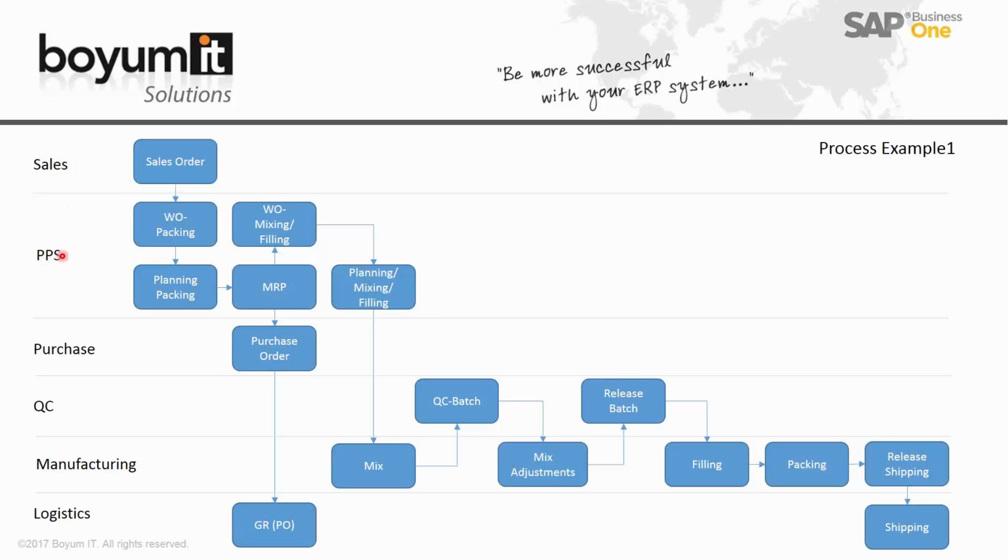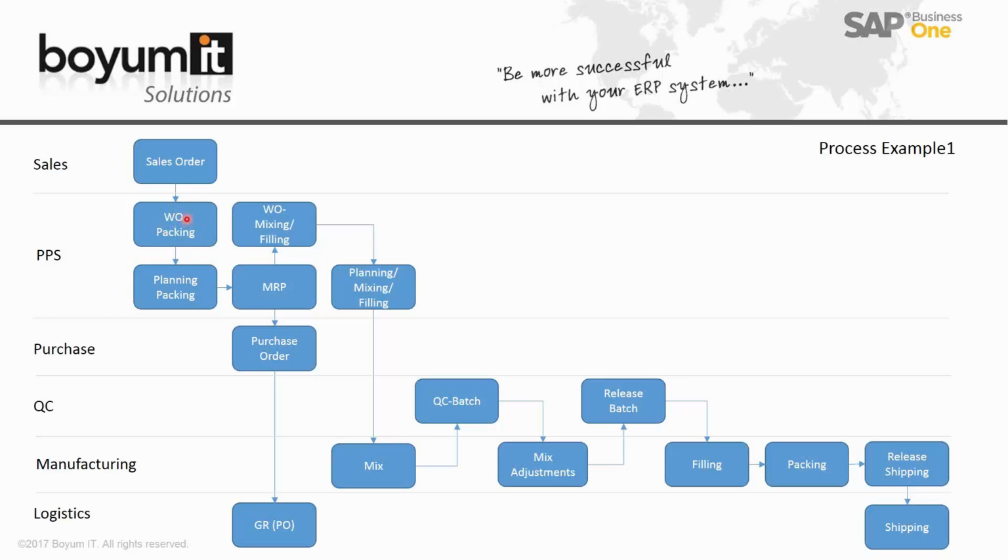We have later the planning, the purchase, the quality control, the manufacturing itself, and some logistics. We always have this in the process. And then if you see the process, you have the sales order coming normally from SAP, of course. Sales order oriented, you will then create maybe the work order for the packing, simply the packing at the end or the labeling.